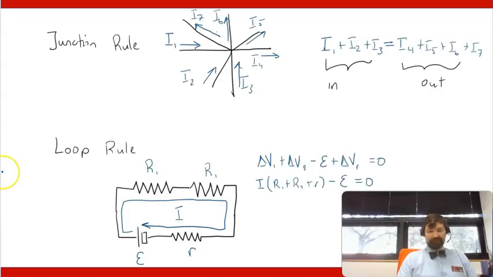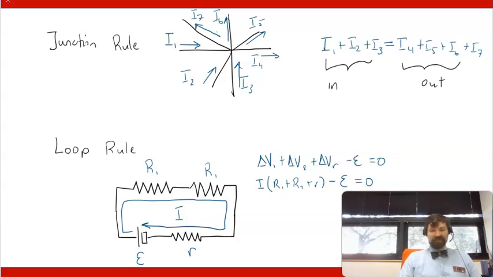The convention I like to follow is this: if you look at this loop here, moving around the loop, I wrote stuff backwards on this line. I could rewrite it so that we're progressing logically, so I could have a delta VR and a minus epsilon.